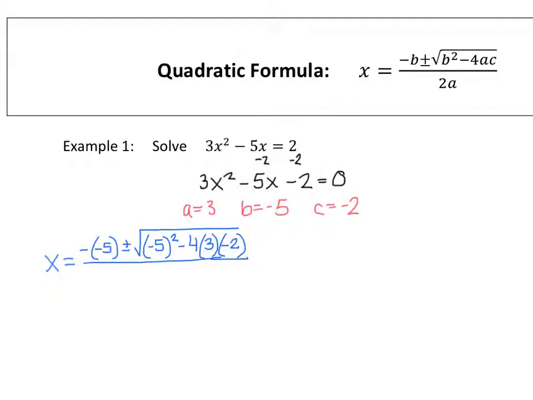All I did was fill in b, a, and c into this top part. Now in the bottom we have 2 times a, so that'll be 2 times 3.